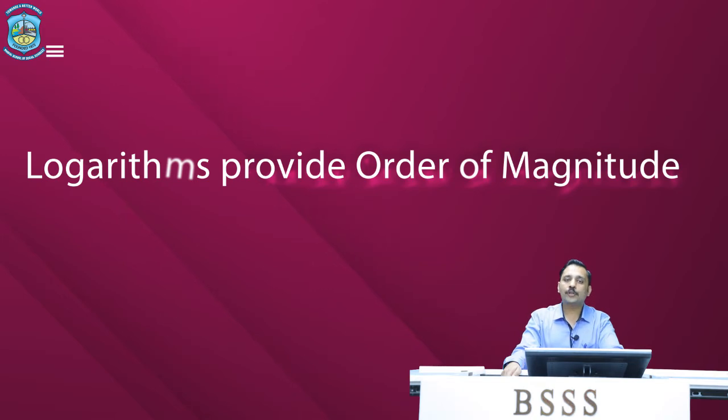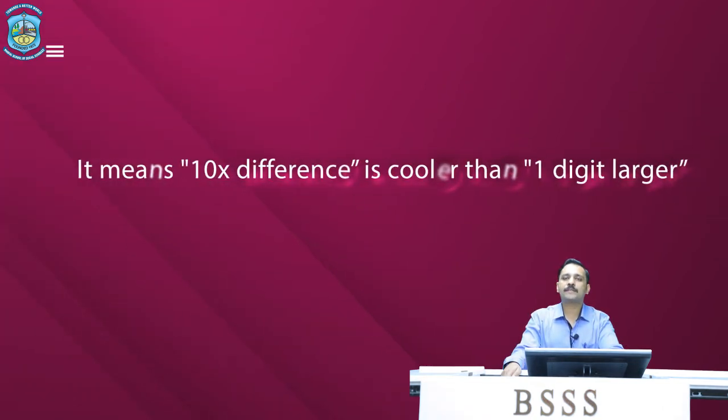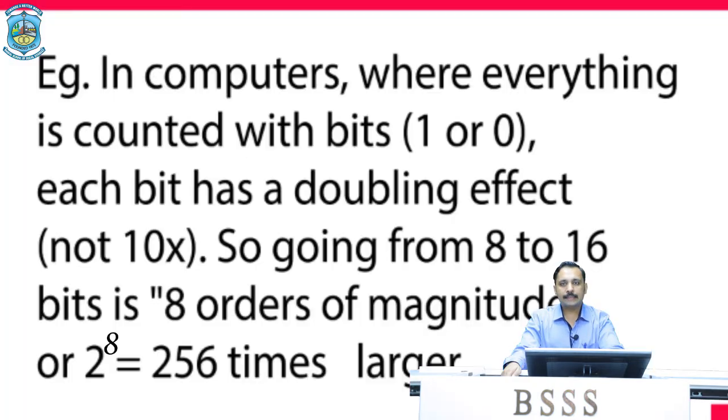Logarithm provides order of magnitude. Magnitude means value. It means that a 10x difference is equal to 1 digit larger. For example, in computers where everything is counted in terms of bits, that is zeros and ones, each bit has a doubling effect, not 10x effect.